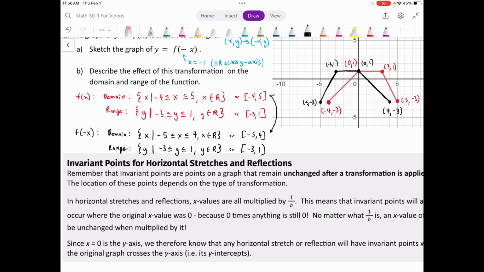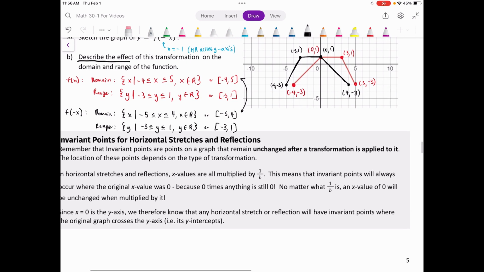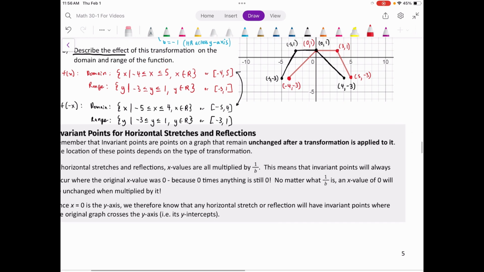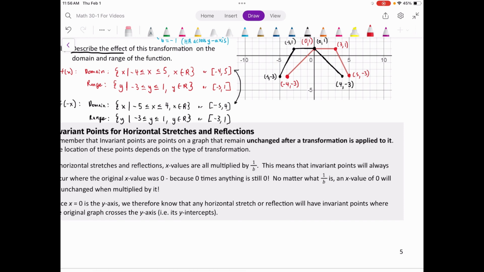So describe the effect. That means we should say what's happened. So our domain, right? Domain was essentially flipped, right? Domain was flipped, so to speak. That's probably not the proper terminology. Domain was flipped because of reflection across y-axis, right?